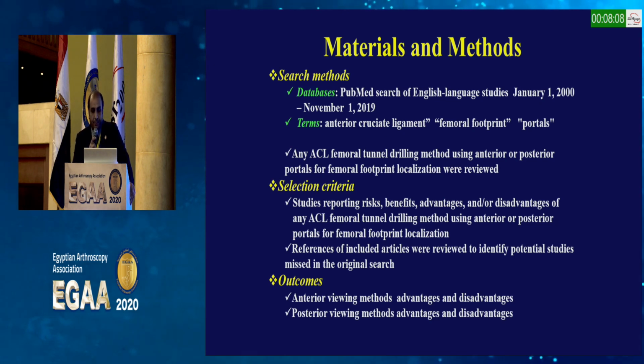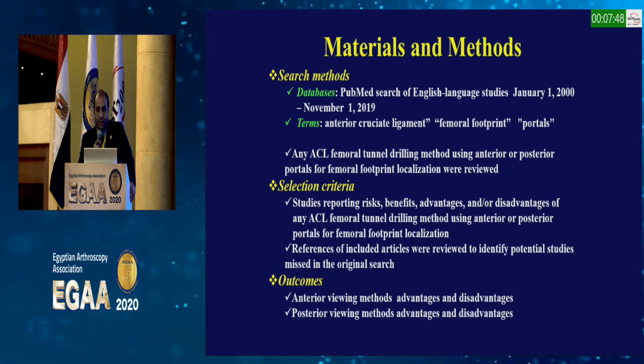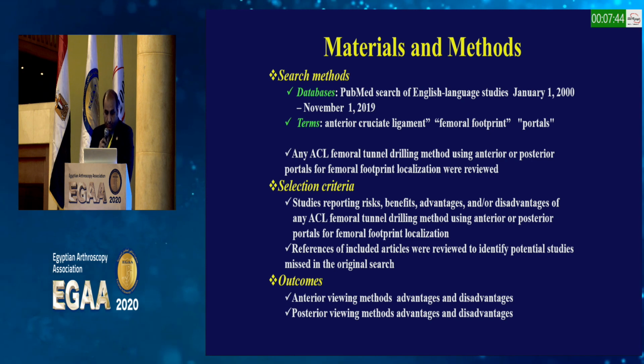We searched PubMed for English-language studies between 1st of January 2000 and November 2019, using the terms anterior cruciate ligament, femoral footprint, and portals. We included any ACL femoral tunnel drilling methods that showed the advantage or disadvantage of the anterior or posterior viewing group.